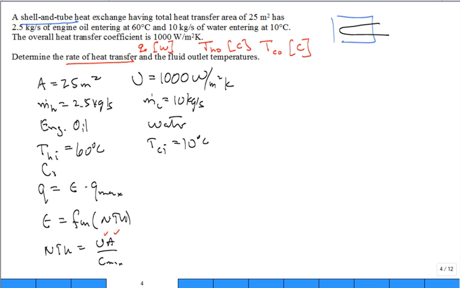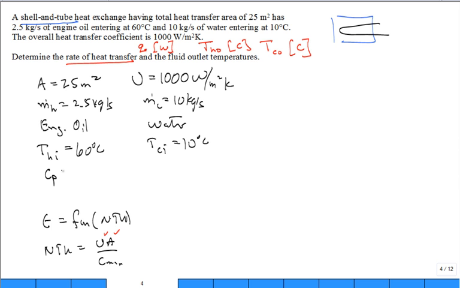Let's calculate C of the hot. Well, it's going to be the specific heat of the oil times the mass flow rate, m dot C sub P of the oil. I'm going to go to the table and get the specific heat of oil. But at what temperature? It's not going to be at 60, it's going to be lower than 60 degrees.